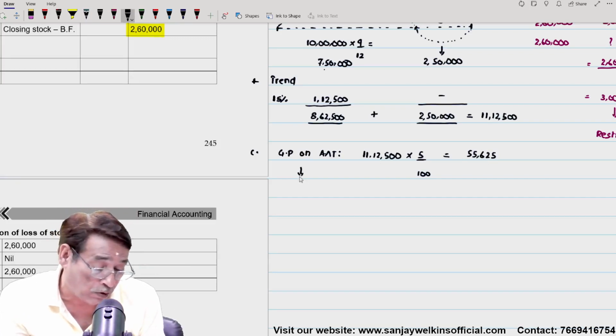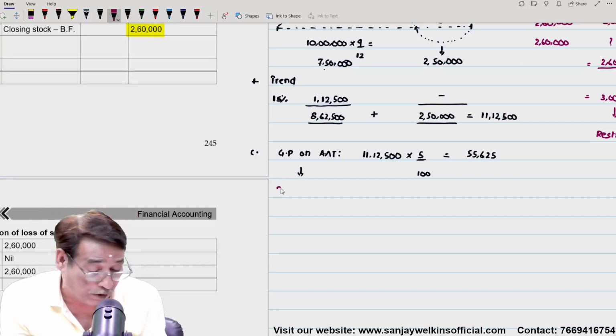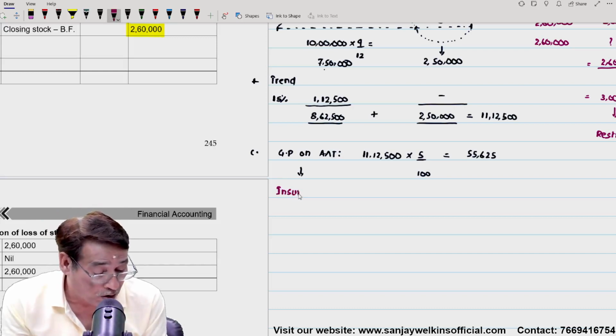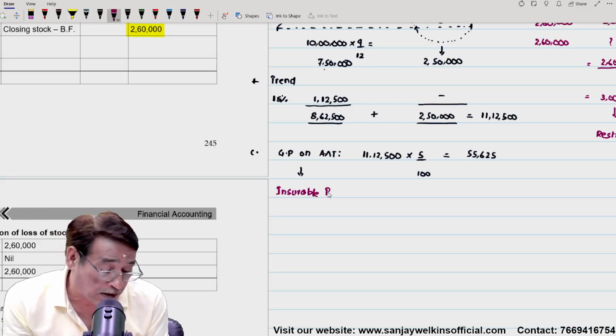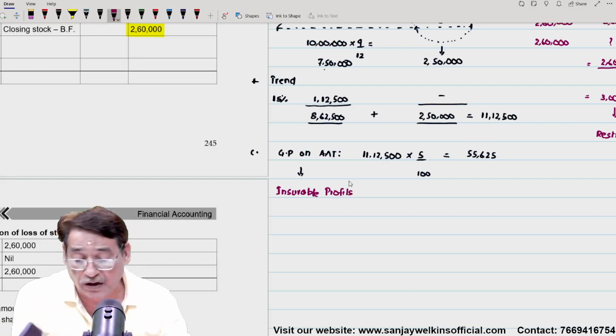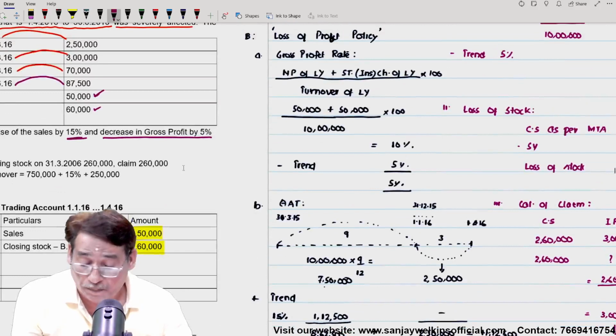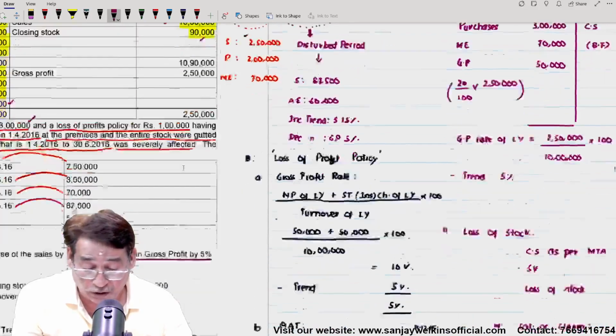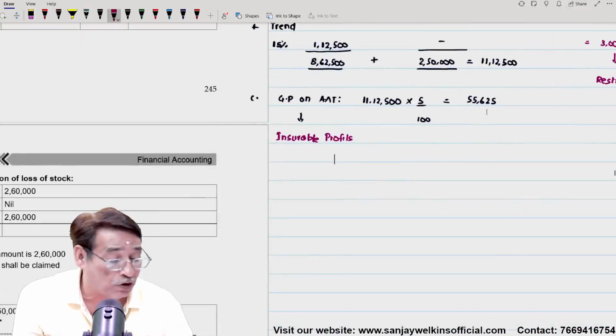It is also known as, so many times I have already told you, insurable profit. That means these profits are insured for. And policy amount which is given in the question is 1 lakh. That means this much of profits are insured against a policy of 1 lakh.